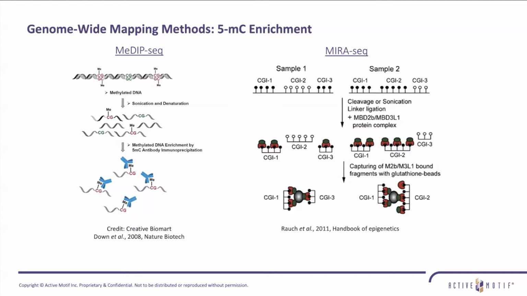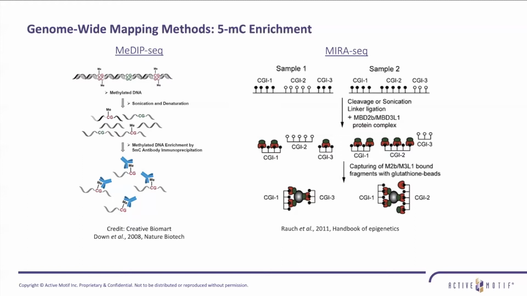There are different methods, but the two most used techniques are first MeDIP-seq, or methylated DNA IP sequencing, and MIRA-seq. For MeDIP-seq, genomic DNA is extracted, and then sonicated and denatured.